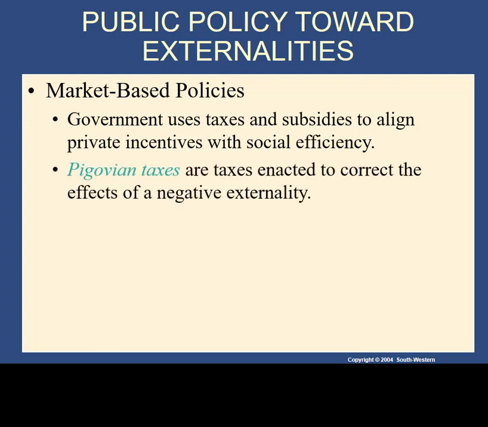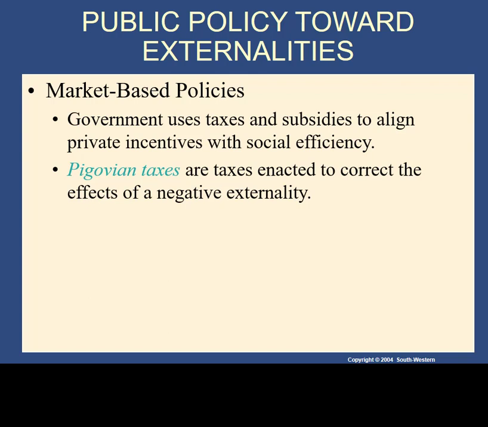So the corrective tax that's most commonly referred to is called a Pigovian tax, and that's a strange word, but Pigou was an economist who first proposed this, and so he gets the credit for these types of corrective taxes.